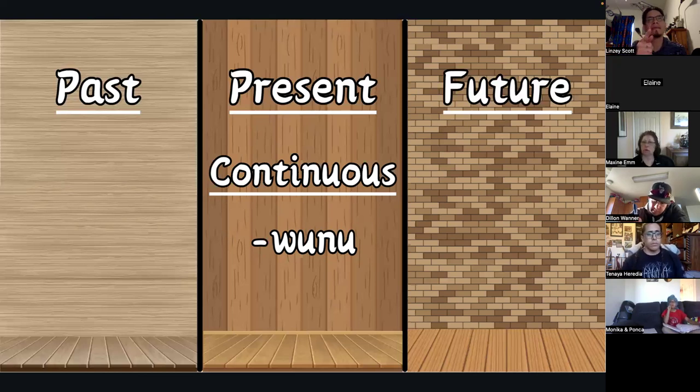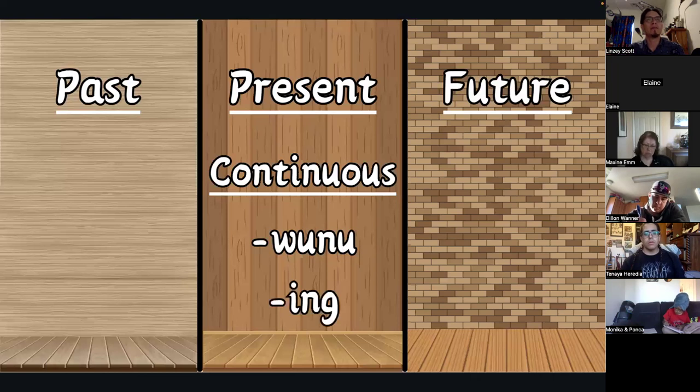This suffix is not limited to the present tense, so I do not like calling it a present tense suffix, because you can use this suffix referring to something happening continually in the past. You can even refer to it for something happening in the future that is going to be viewed as continuously happening, okay? But for this class, we're only going to be using it for the present time, if you want to say like is eating or something like that right now, okay?